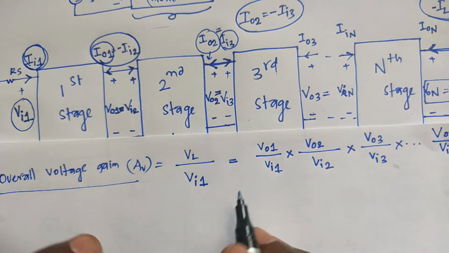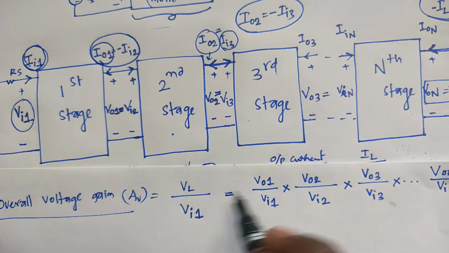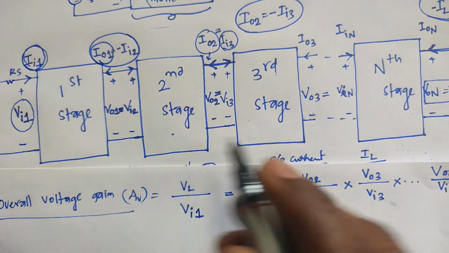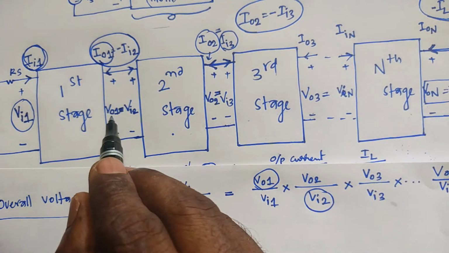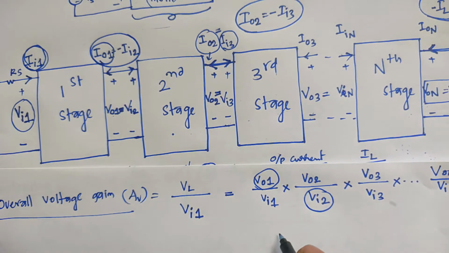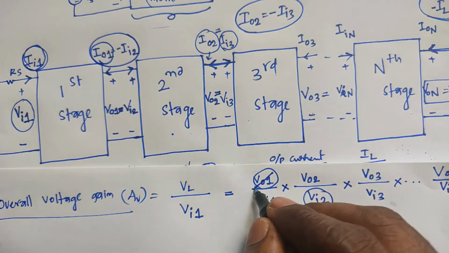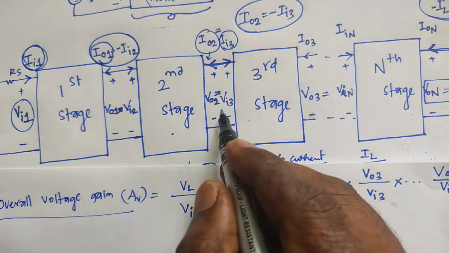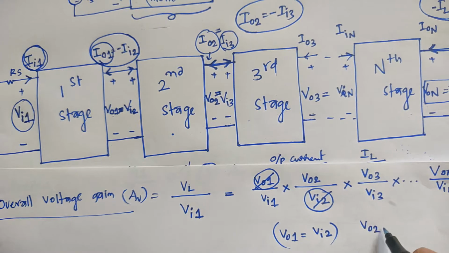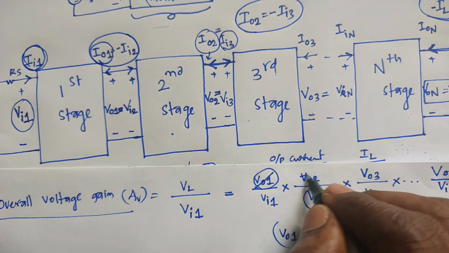So finally we have here that V01 and this is VI2. Here V01 is equal to VI2. Okay. So that's why both are cancelled. Next, V02 is equal to VI3. So both are cancelled.